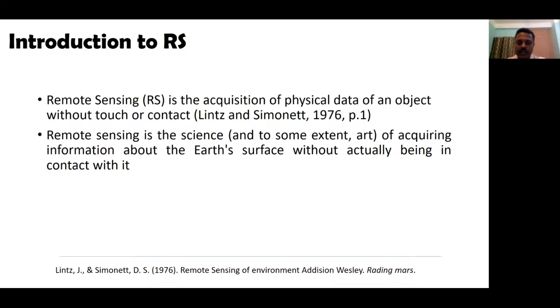That means remote sensing depends on the tools, the methods, as well as the person. So with the same tool or the same set of information, our level of interpretation may differ from person to person. At that point, the dimension of personal skill, which we can say is the art, comes into play.